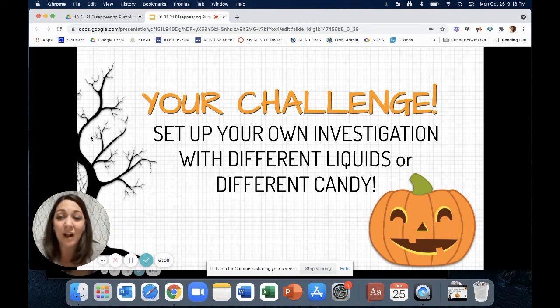And then the other option is actually using different candies. Maybe it's one that has nuts or caramel or marshmallow in it, or maybe it's more like a fruity candy. It would definitely be interesting to see how different candies also react in these liquids.